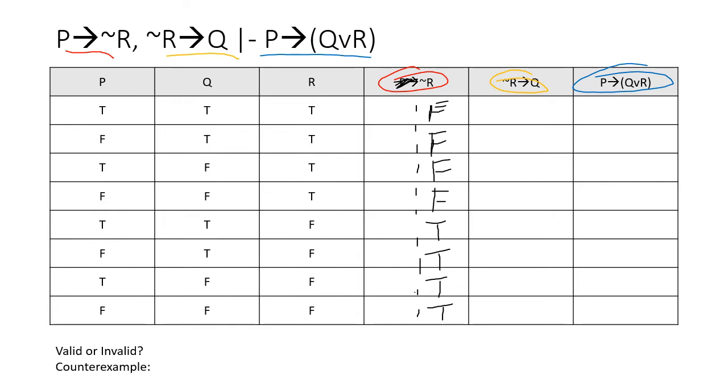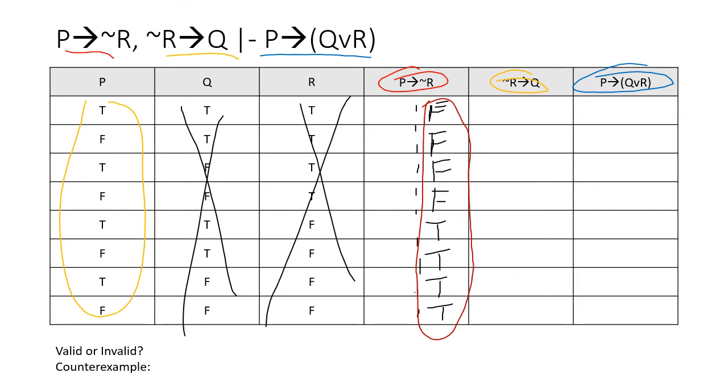Tildes are pretty simple. Like I said, you just take the value and flip them across. Now these are going to be our consequent or right side of our arrow statement, and then the P is going to be our left side or antecedent, so we can ignore these, and we're just going to look for instances in which we either have a false antecedent or a true consequent.